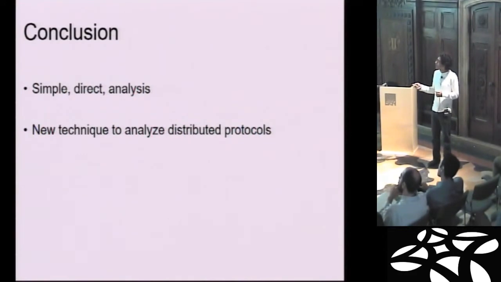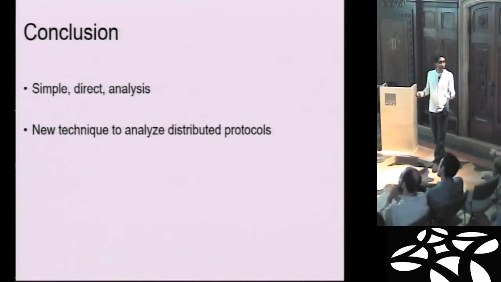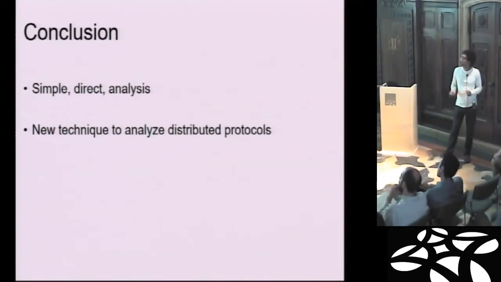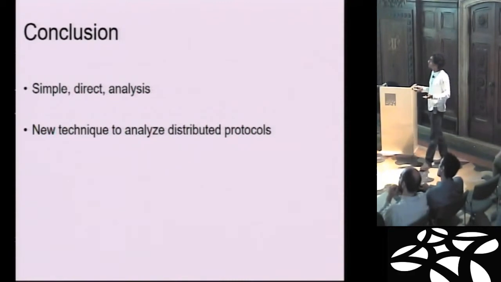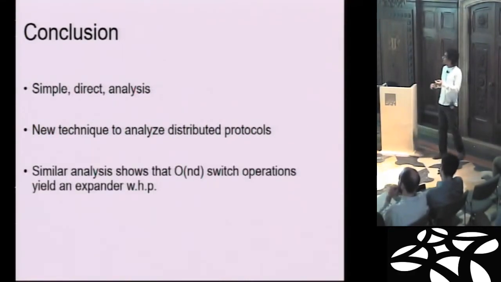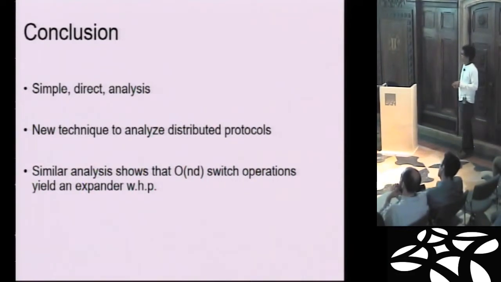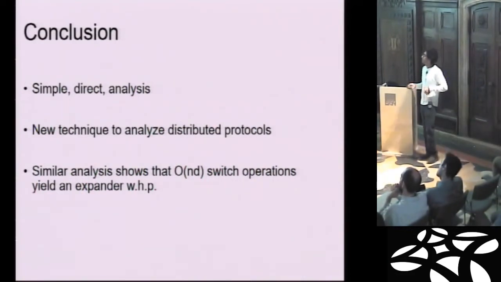These are also techniques that are more inspired by optimization rather than the typical ones used in distributed analysis. So it's a slightly different technique. We can also analyze the simpler process I mentioned before, where you pick two random edges and swap the endpoints. For that, you can get a tight analysis by using the same technique.